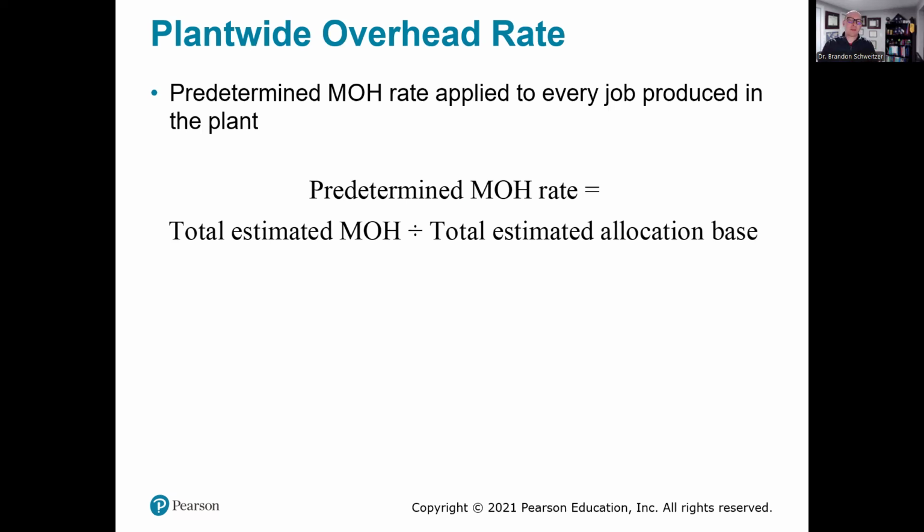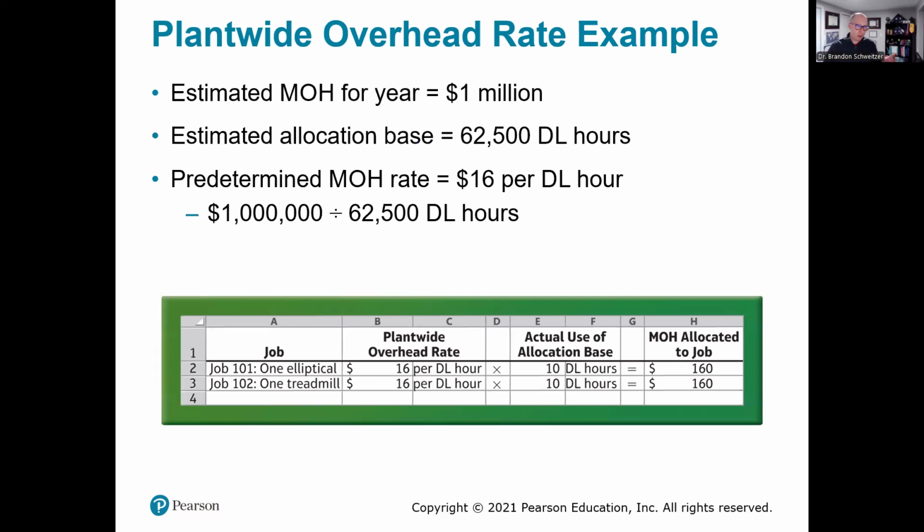And we divide that by the total estimated allocation base. In most cases, we tend to use direct labor hours as our allocation base. We do that because it's relatively simple and we're able to apply that predetermined manufacturing overhead rate based on our number of direct labor hours. Very, very common method.